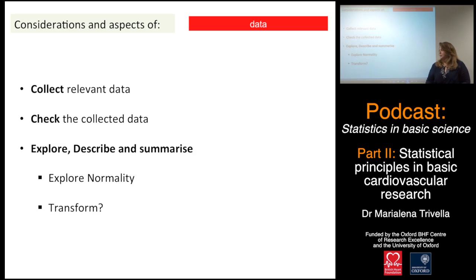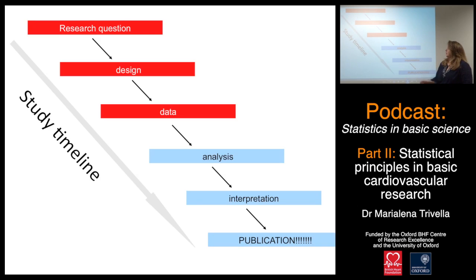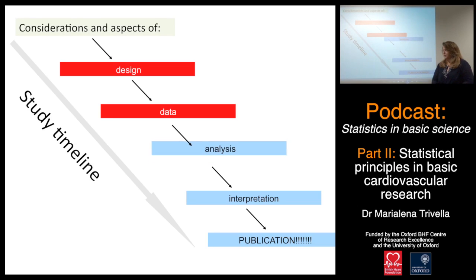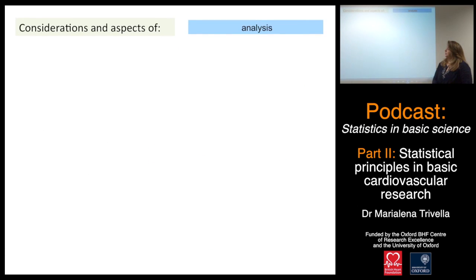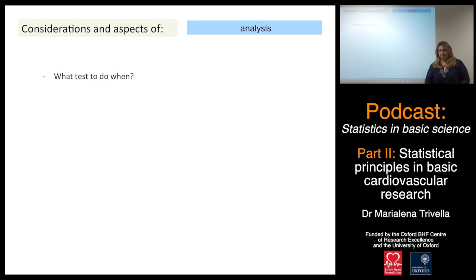So we are now out of the danger zone. We have completed, if you like, the design steps of a study, and we're moving on to the analytical part. Let's have a look at considerations for the analysis. This is where we choose the statistical tests. And essentially, we just need to decide what test to do when.